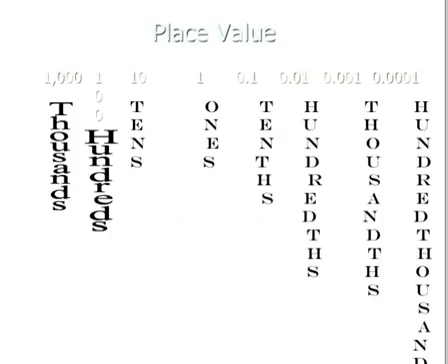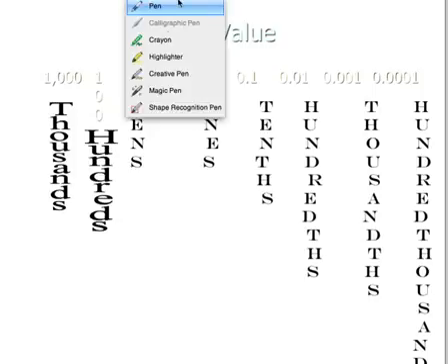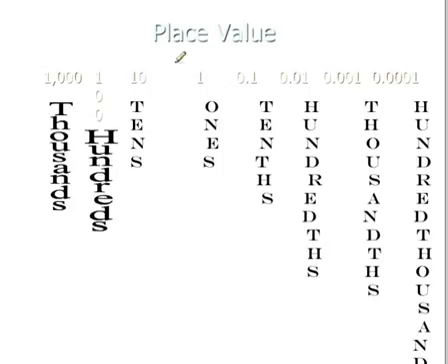Here I have a place value chart written out with the word and the decimal or whole number. You can see that we have the decimal, which is right there. Everything to the left of the decimal is a whole number.